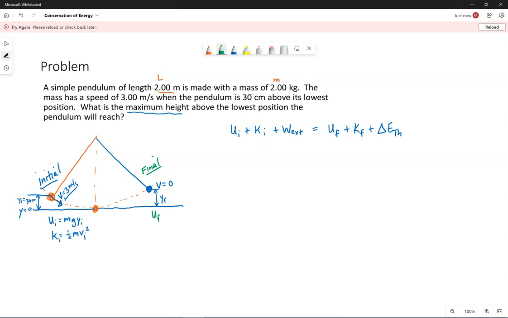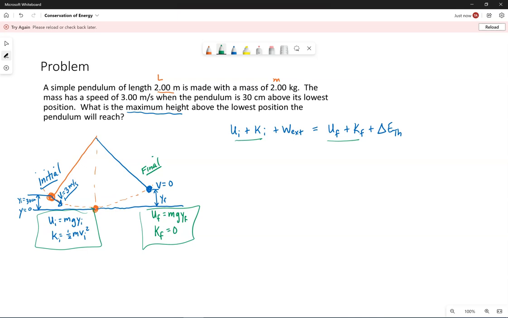We do know there is gravitational potential energy here because the mass of the pendulum is at a height y final above that lowest point, and we know there is no kinetic energy because at that moment, just that split second in time, the mass will not be moving. So these are the terms that go in for the potential and kinetic.